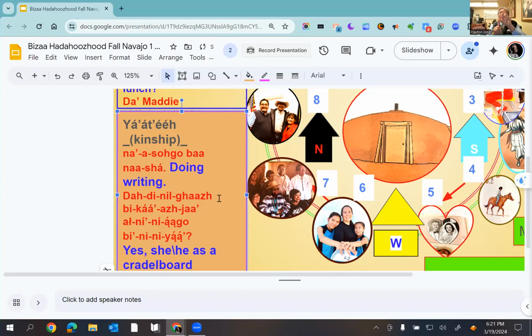In English, sometimes we have the J and the G with the same sound. But in Navajo, you can't do that. You got to be specific. You have to say the J or the G. It doesn't hang on the word.